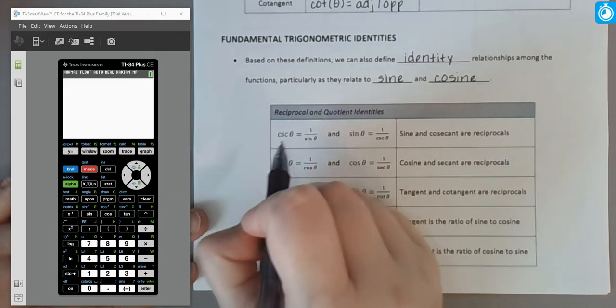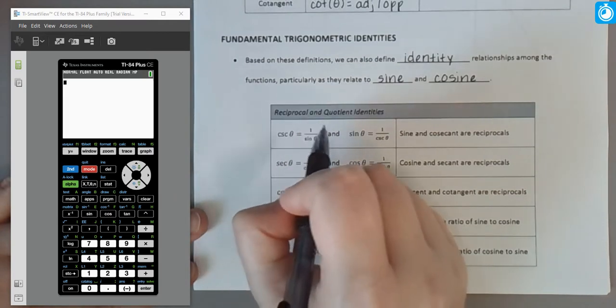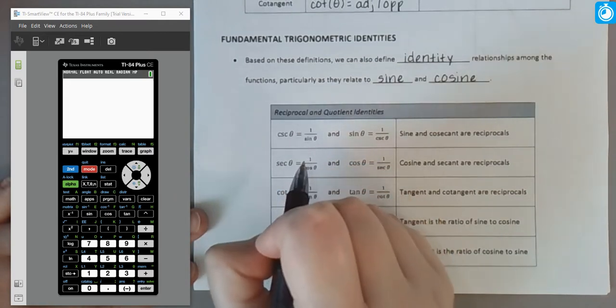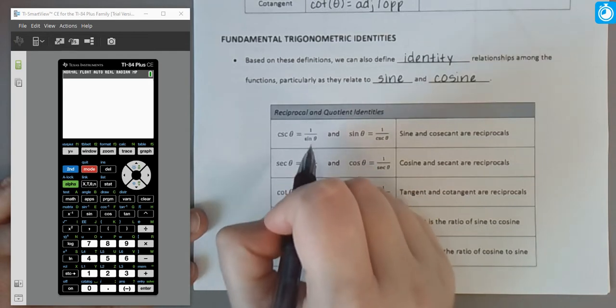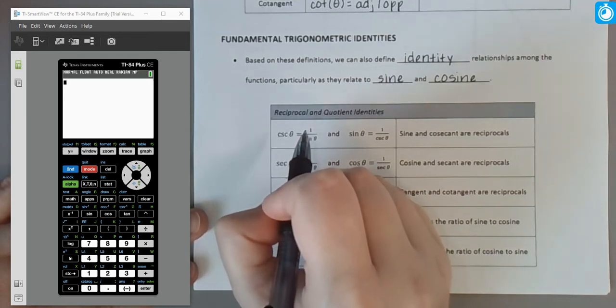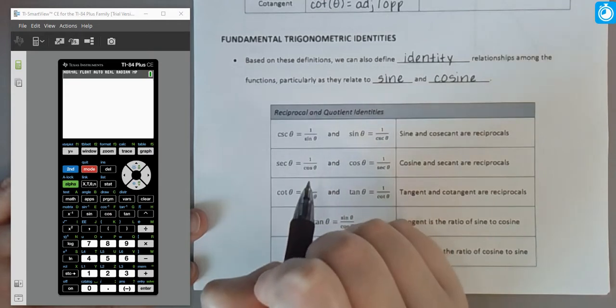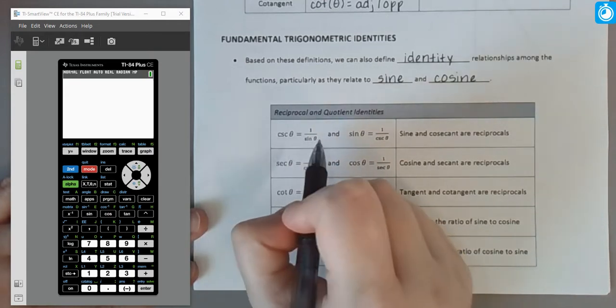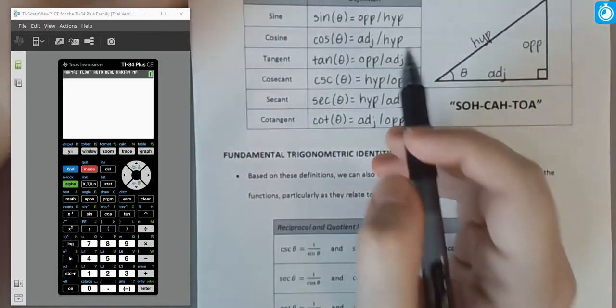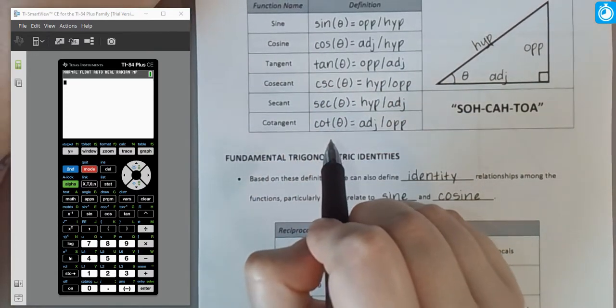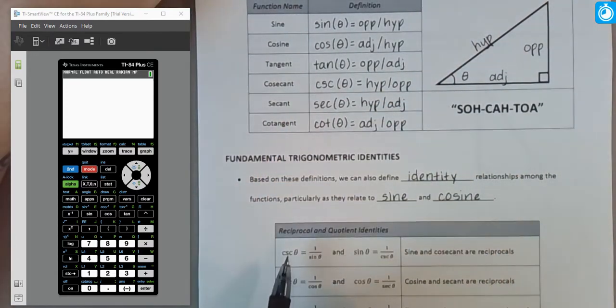So the cosecant function is defined as the reciprocal of the sine function, and this is the way we would write that. So cosecant of theta is going to be 1 over sine theta. And it's worth mentioning right now, notice when I wrote the definitions for my trig functions, we use the same abbreviations, but here I've dropped off the parentheses around theta.